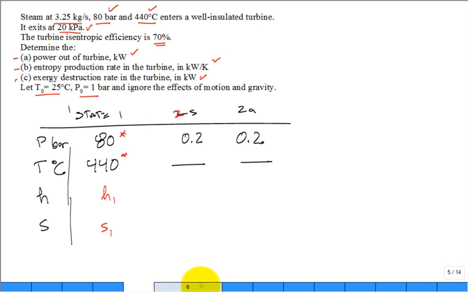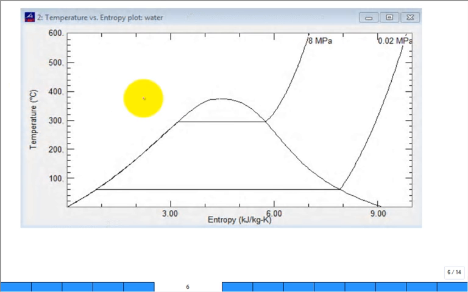We actually can think about a property diagram like a temperature entropy diagram. This is one for steam drawn to scale. It's produced using software called REFPROP.